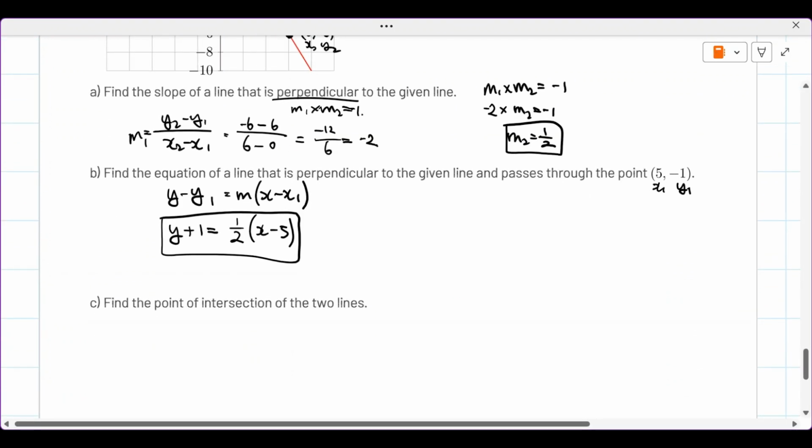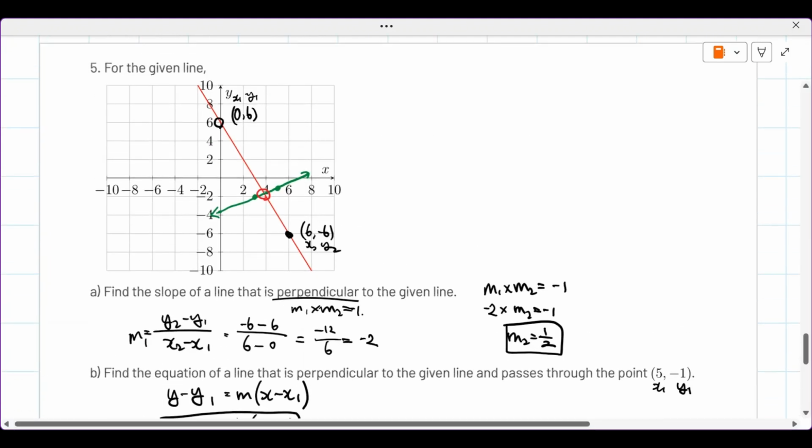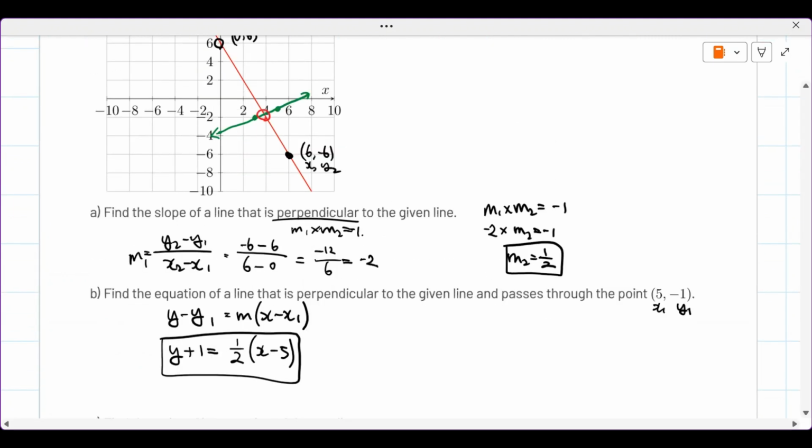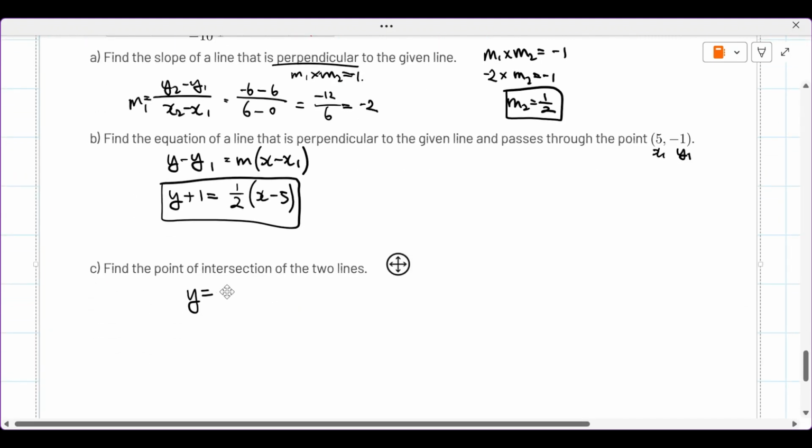I'm going to find the equation of the given line, and I also know the equation that I found here. The given line is easy. I already found the slope, which is -2, and I already know the y-intercept of (0, 6). So the given line is y equals -2x plus 6.